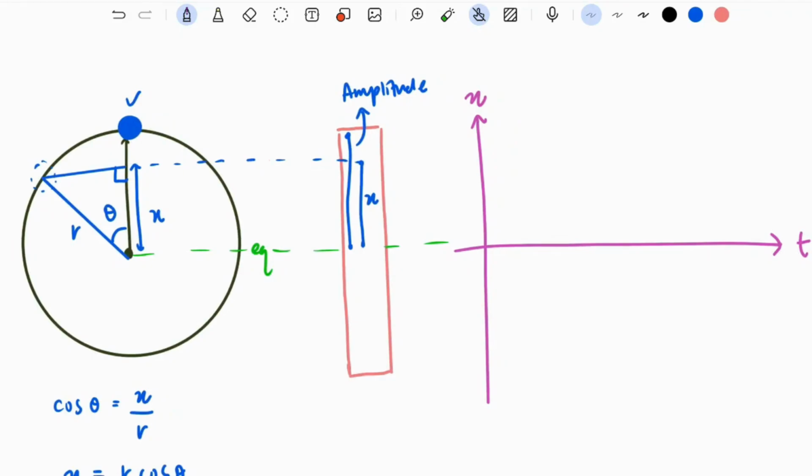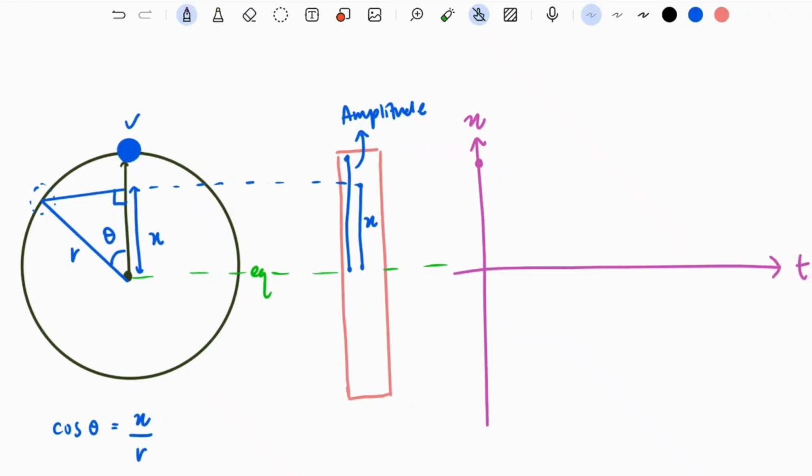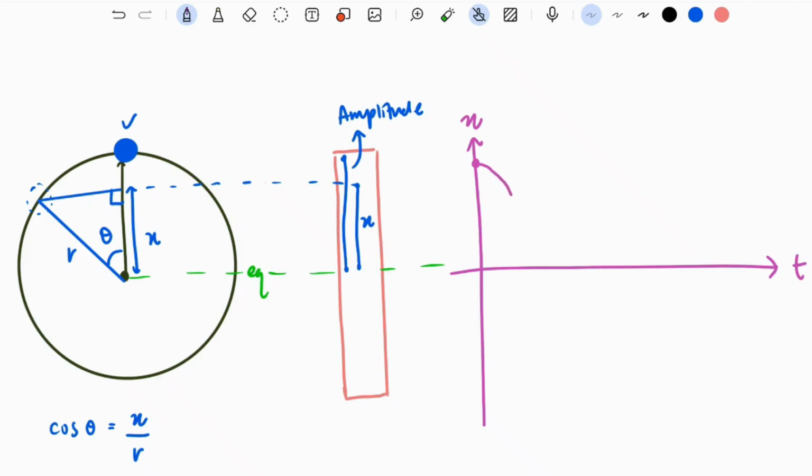Because I was saying that we are looking at the motion from this point to this point. So it's like here, then it goes down here, okay, maybe not too low. It is somewhere here. It comes to this point. Then it will go all the way down here. It will come up here.